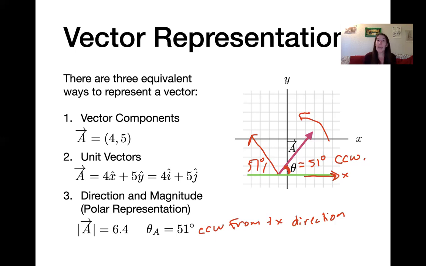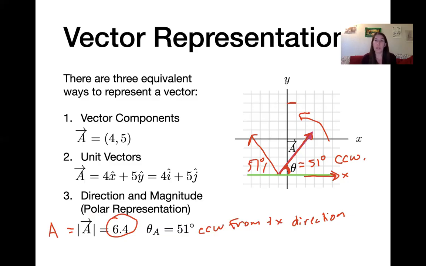And then I could simply give you the length. If I were to actually put a ruler to this vector A and measure the length, I would measure that it is 6.4 units, where a unit is the length of one of these boxes. And remember, our notation for the magnitude of a vector is using absolute value bars, or sometimes I might also just write this simply as A, so no vector sign up top, just simply A, not boldface or anything.